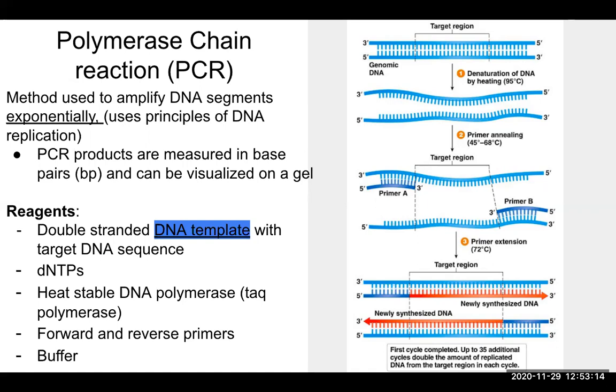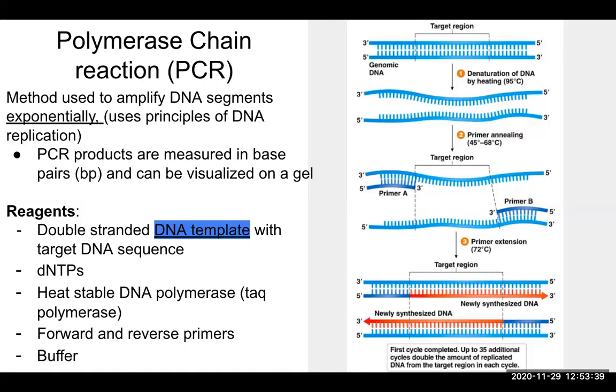So a double-stranded DNA template with a target DNA sequence, dNTPs, the full name for it is deoxynucleotides, which are just your adenine, guanine, cytosine, and thymine. And then you're going to use a heat-stable DNA polymerase.